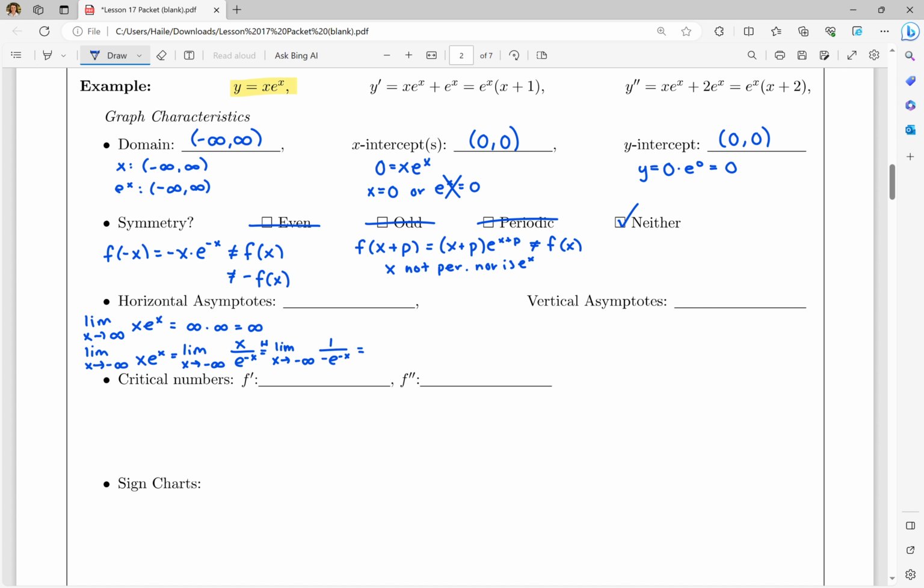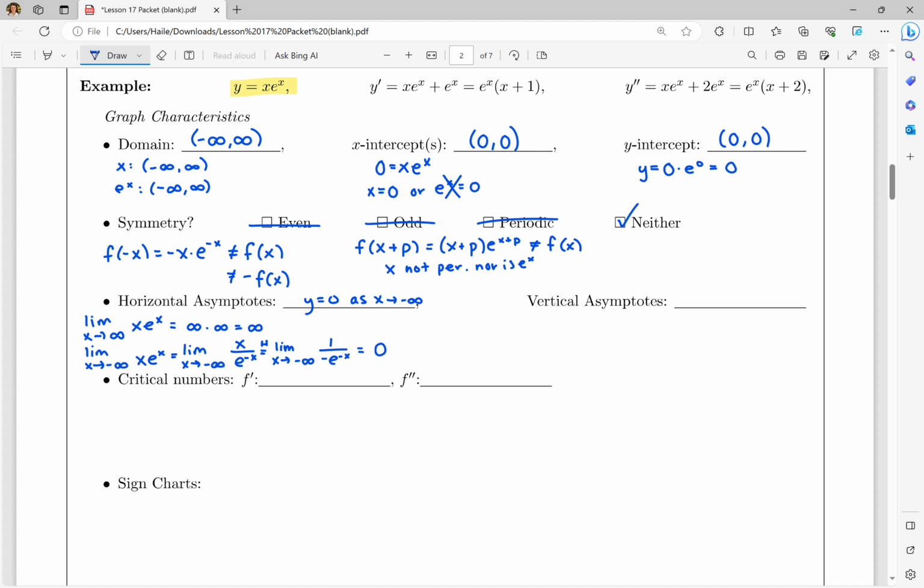That's infinity, but we have a negative outside. So 1 over a really big number is just going to give me 0. Okay, so our horizontal asymptote is y equals 0 as x goes to negative infinity. So it's only a one-sided horizontal asymptote.